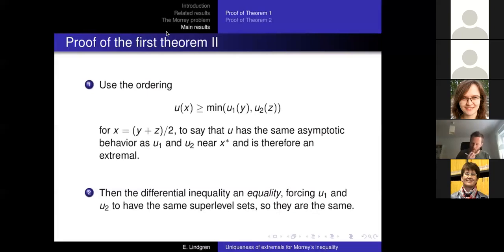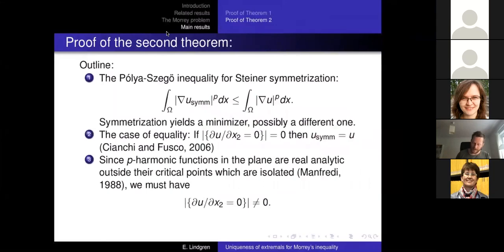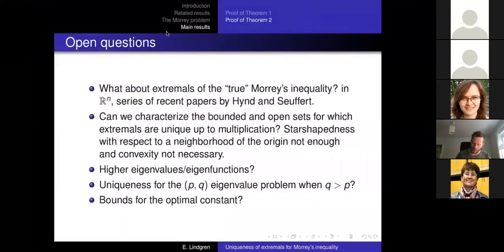Okay, so I think I will skip talking about the other theorem with symmetry, and just go to the last slide with some possibly interesting questions related to this. In my first slide, I wrote out the true Morrey inequality, which contains the L infinity norm and the semi-norm. So we threw away the semi-norm.